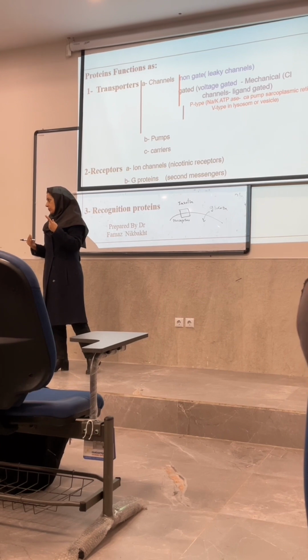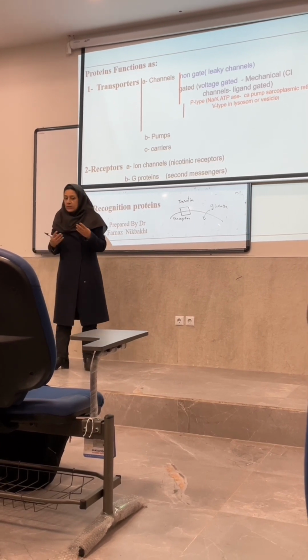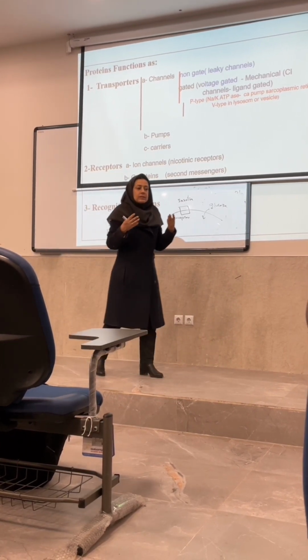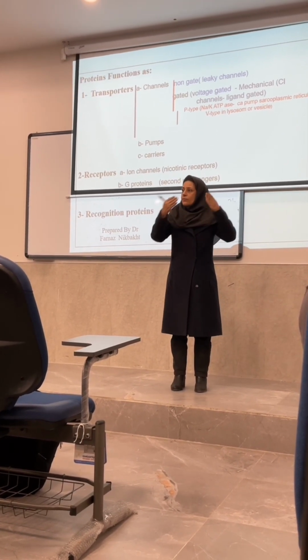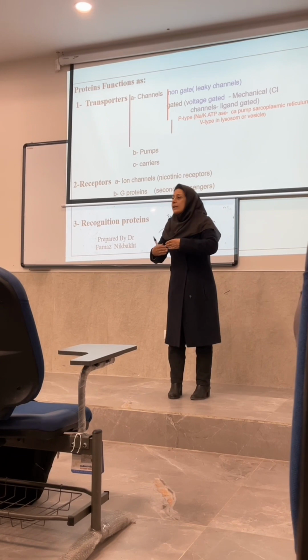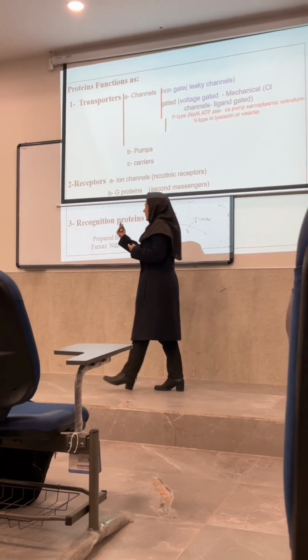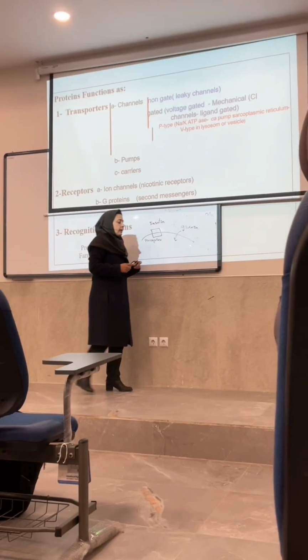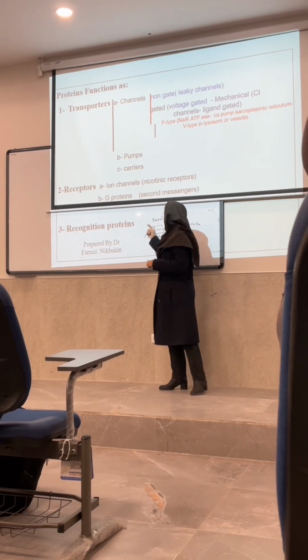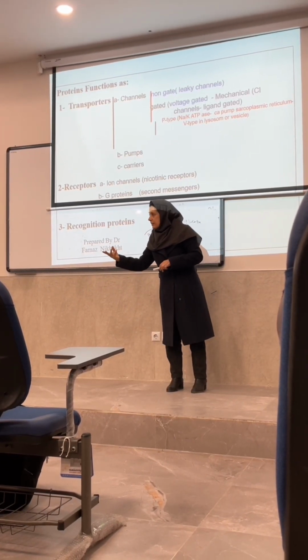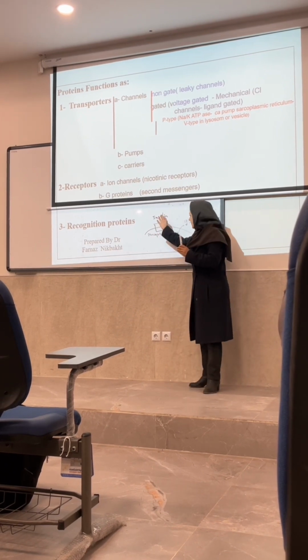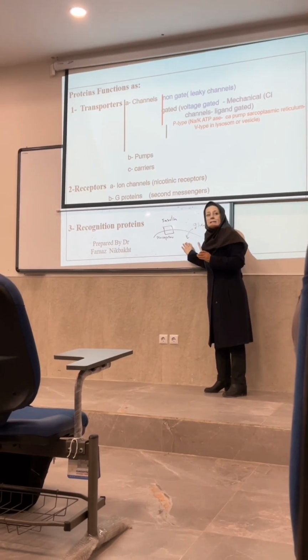The signal of the insulin, which lets the glucose come inside, is important, okay? So the aim of receptors is not transporting any substances from outside to inside of the cell. If you have cell physiology, after the insulin attaches to the receptor, some signal will be created, and after finishing this signaling, the glucose can enter the cell.